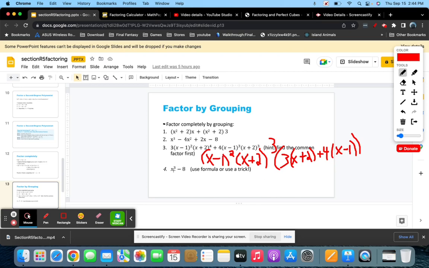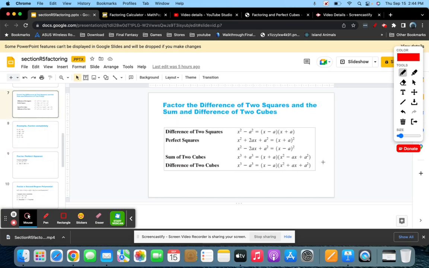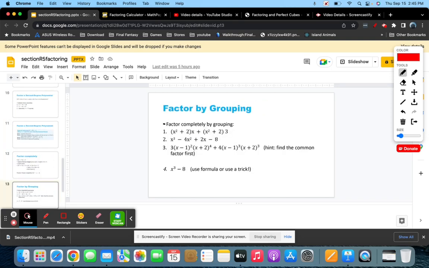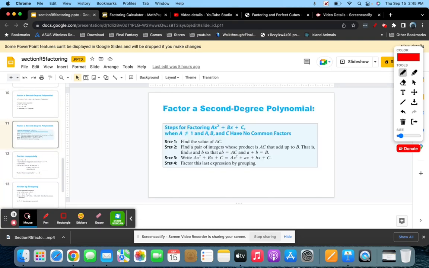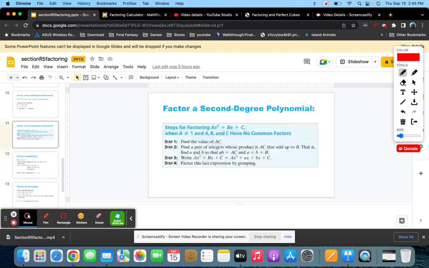And then the last one, x cubed minus 8, is just, as it says, use the formula or the trick. It's a difference of perfect cubes. You just fill it in and you should be able to do that one. I think we've already done it previously, but just use the formula to break that one down.